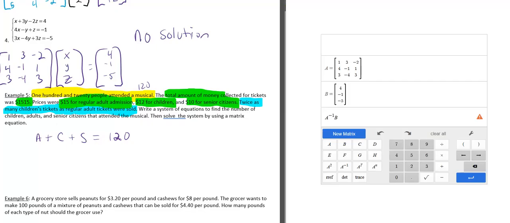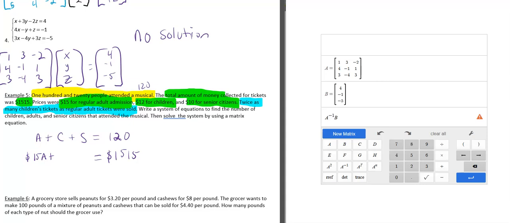Now they told us that there was a total of $1,515 worth of tickets sold, and we know again all the prices go together. So I had $15 for regular adult admission, 15A. We don't know how many adult tickets we sold, but we know they were $15 a piece.